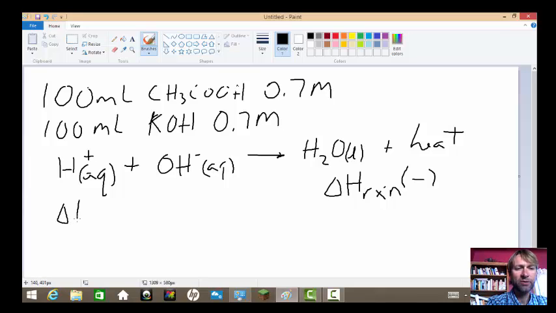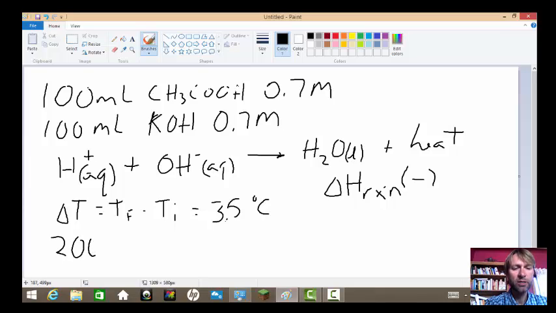Some other information that we need for this problem: the delta T is the difference between T final minus T initial, and that for this problem was 3.5 degrees C. Now we're going to assume that the resultant solution is water, so we have 100 mL of solution 1, 100 mL of solution 2, and so the volume of the solution is 200 mL, and for calorimetry problems we need weight, so that is 200 grams because the density of water is 1 gram per milliliter.